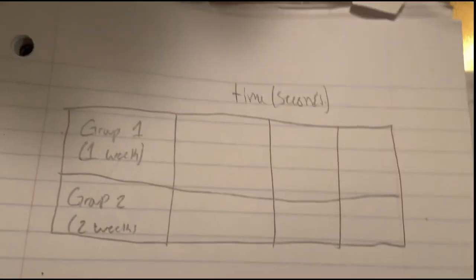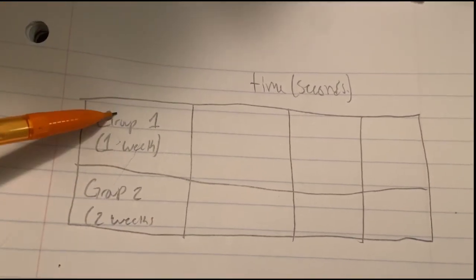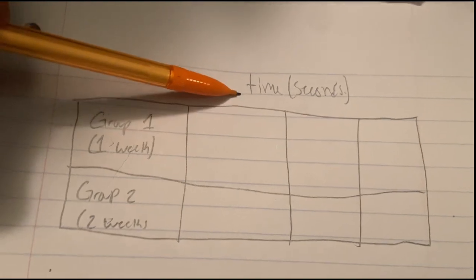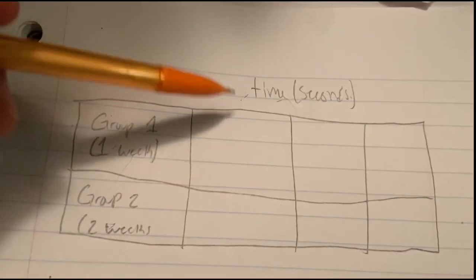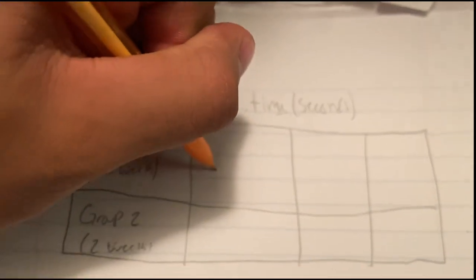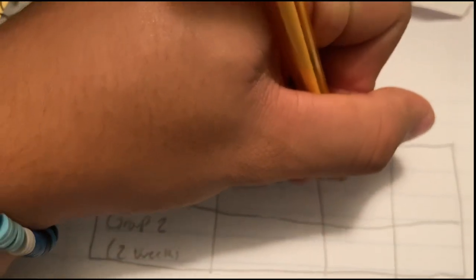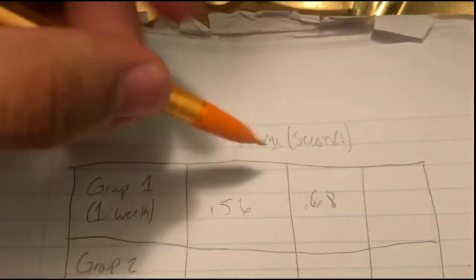All right, so we have our table here, and basically what I'm going to be doing is labeling group 1 and group 2 by the time in seconds that it took me to break each banana. So the first banana in group 1 took us 0.56 seconds to break, and then the second banana in group 1 took me 0.68 seconds to break, and then the third banana in group 1 took me 0.60 seconds to break.